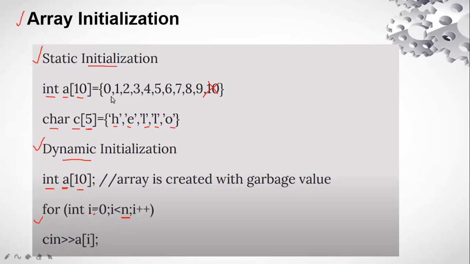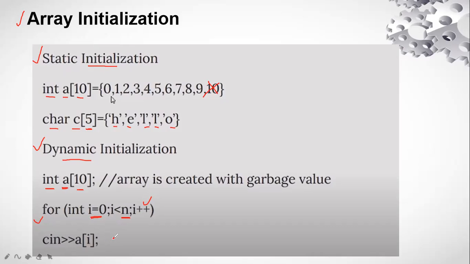So I is equal to 0, that is where the value of I starts. I have to increment I until the I value is less than n. As soon as it is equal, the for loop will stop. And here I am taking the input as cin greater than sign a[i].